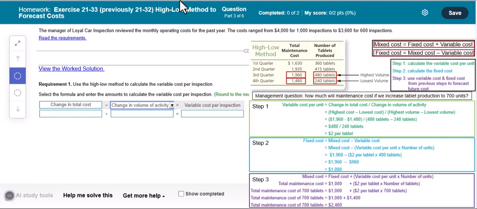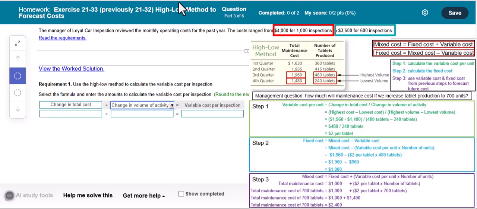Because it's the high-low method, we choose the high level and the low level of production. Up here in the words, they only give us 2 levels of production, so that's what we will use. Again, the formula for step 1 is change in total cost divided by change in volume of activity, which gives us the variable cost per inspection.